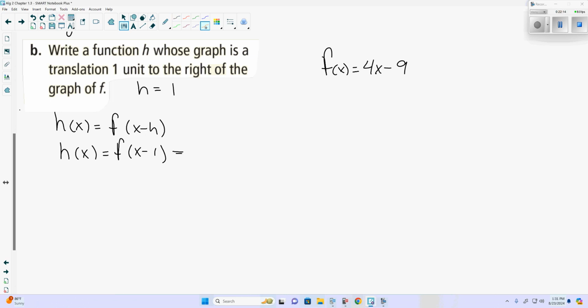Now again, we don't have f of x anymore. We have f of x minus 1. So that means every x in f of x has to be replaced with x minus 1. Now we'll still have the 4, because 4 times x, well, not anymore. It's 4 times x minus 1 minus 9.